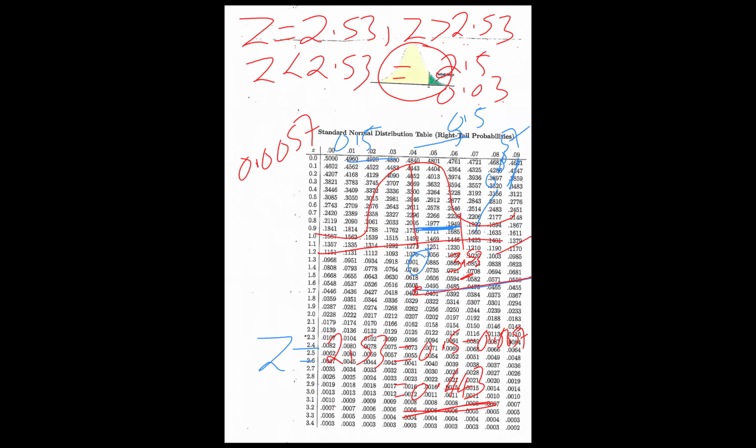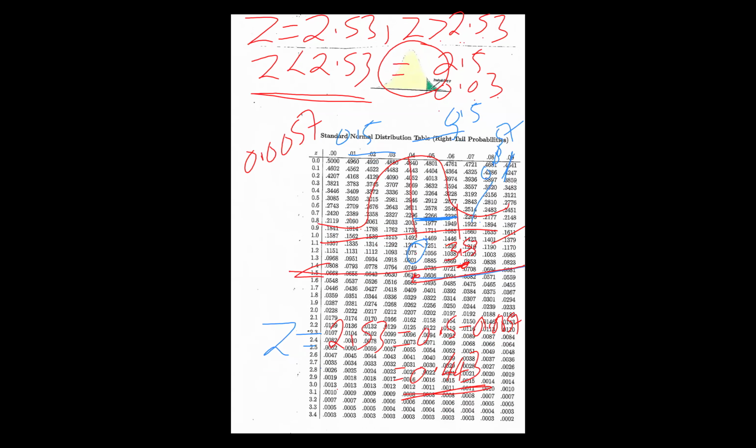What about less than now? Less than this z-score, this value, going all the way up to this. How can you find it? It will be 1 minus 0.0057. Yeah, exactly. So we know that the whole total probability under this curve is 1.